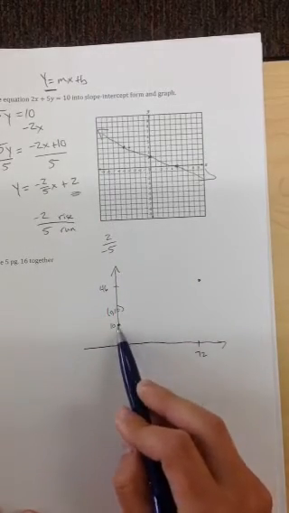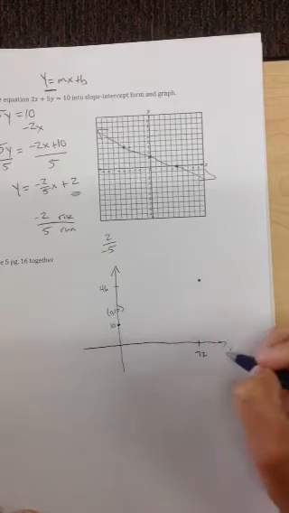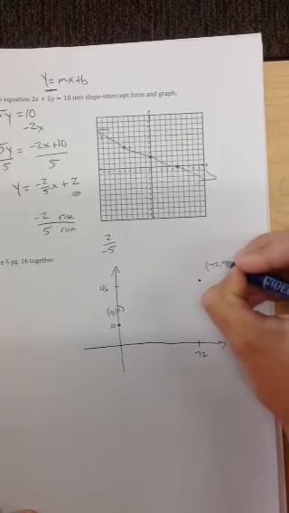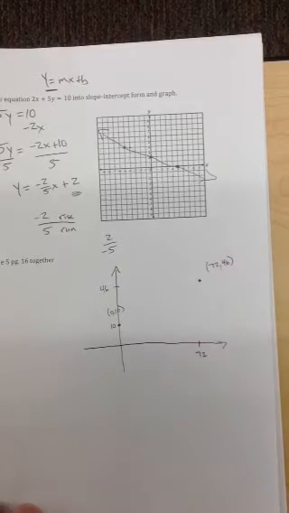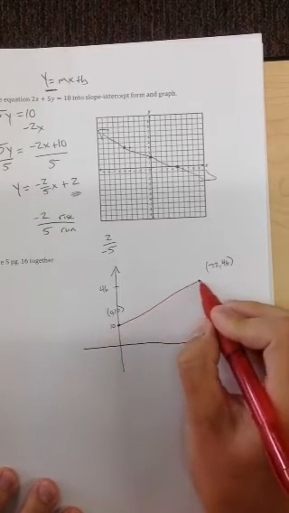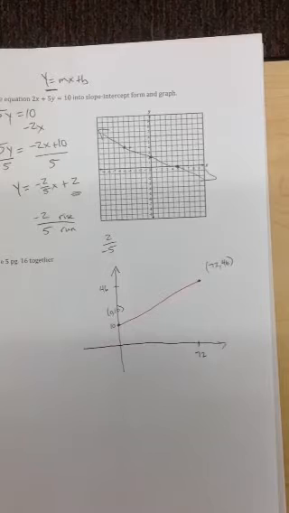So that's the bottom of the slide there at 0, 10. The top of the slide, we had to go right 72 and up 46, so the top of the slide would be at 72, 46. Okay, I'm going to draw my slide in here. That's my slide.